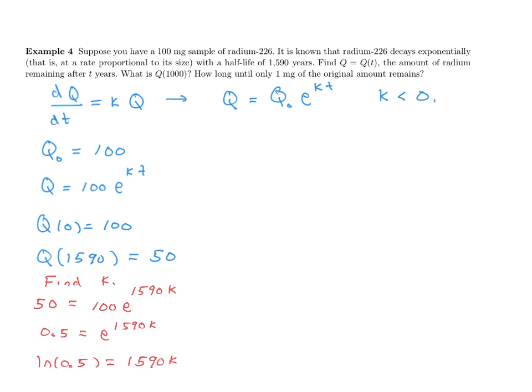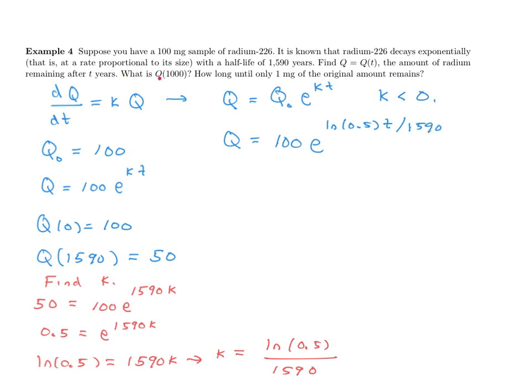And I'll divide both sides by 1,590. And this gives me that K is equal to the natural log of 0.5 divided by 1,590. Fantastic. We now have our formula. The formula Q is equal to the initial amount times e to K, which is the natural log of 0.5 times T, all divided by 1,590.